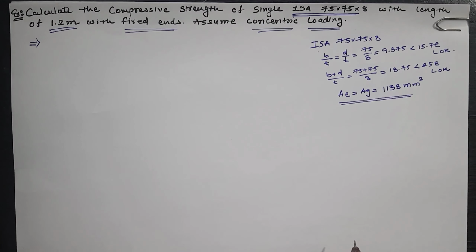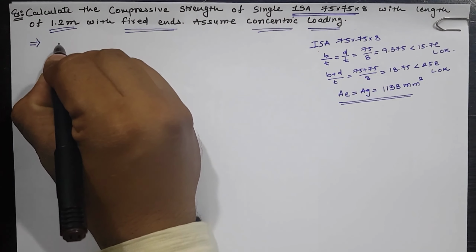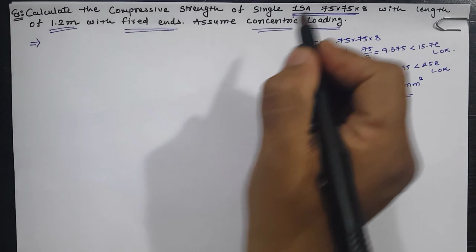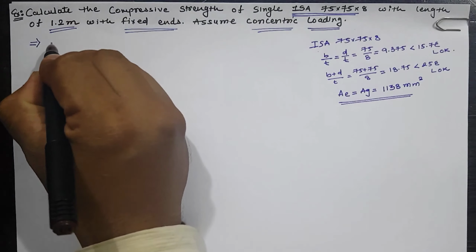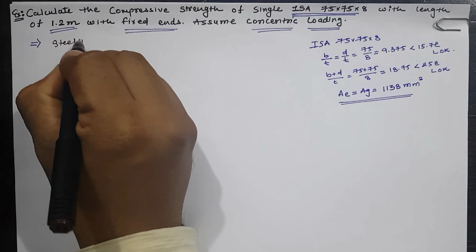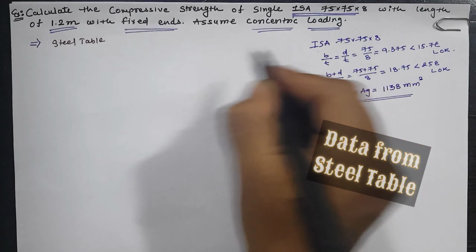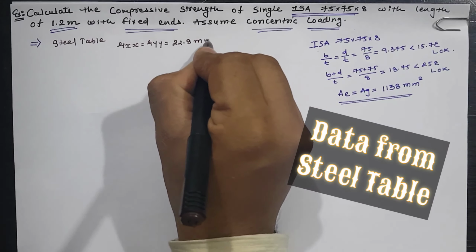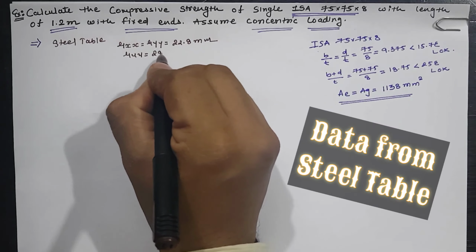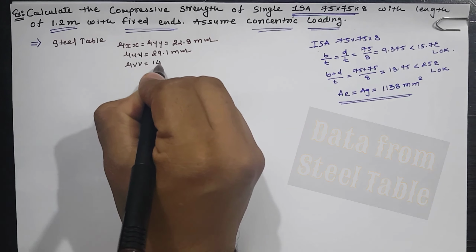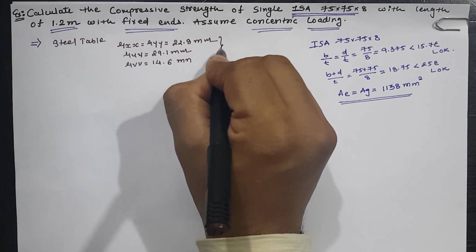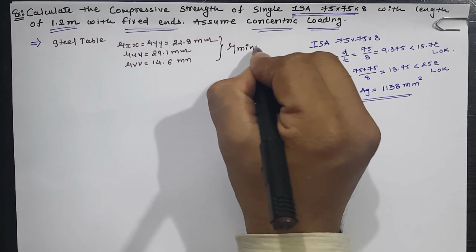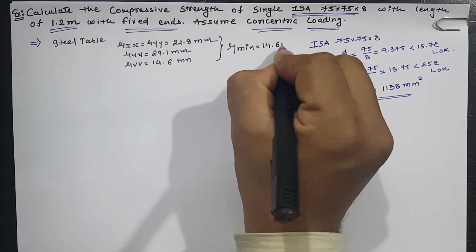Now going for the analysis of the strut. First of all, we have to know the radius of gyration of ISA 75-75-8. So from the steel table, out of all these four values, the minimum radius of gyration is 14.6 mm.